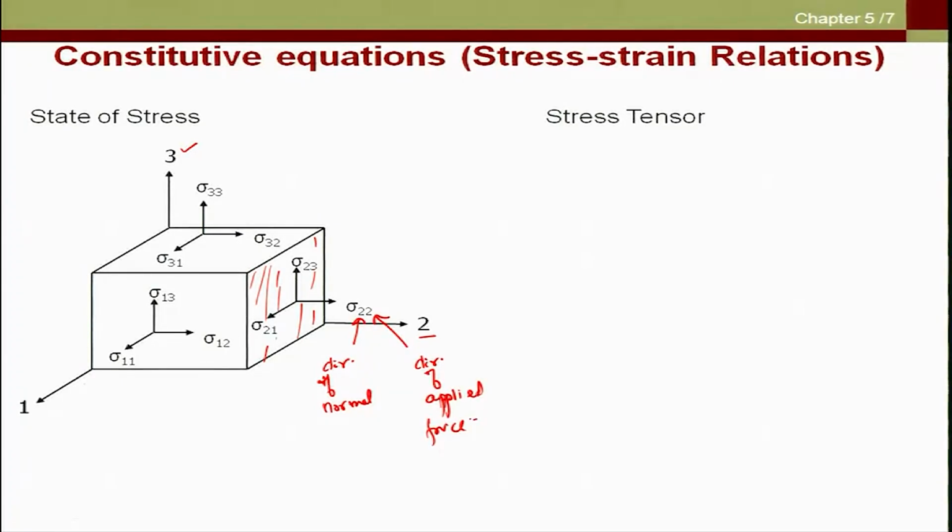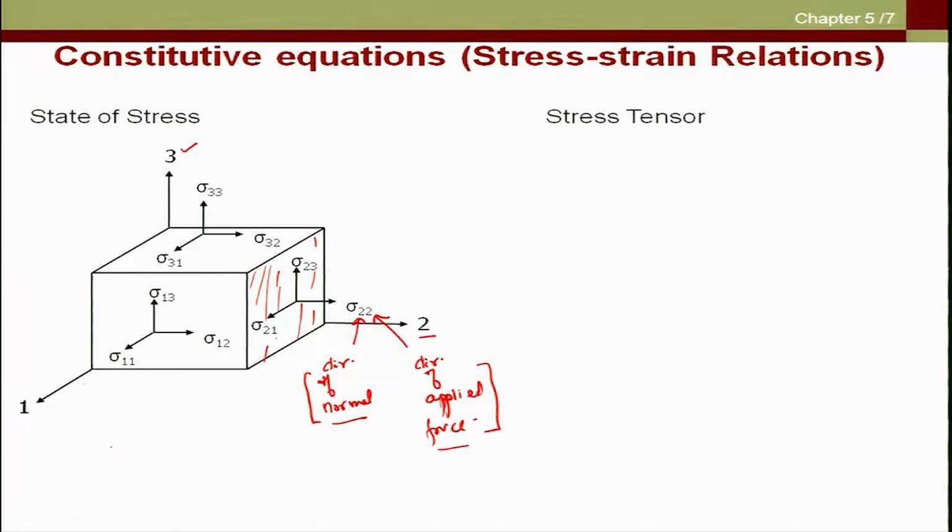Okay. So, because stress is force divided by area, I am applying force in a particular direction and I am also applying it on a particular plane. So, the first index tells the direction of the plane and the second index tells the direction of the force. As I had explained earlier, the stress is associated with 2 different directions: direction of normal of the surface and direction of applied force.